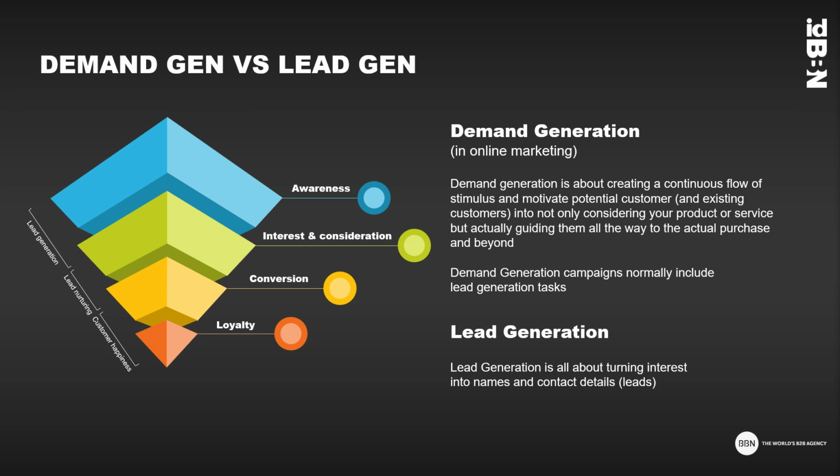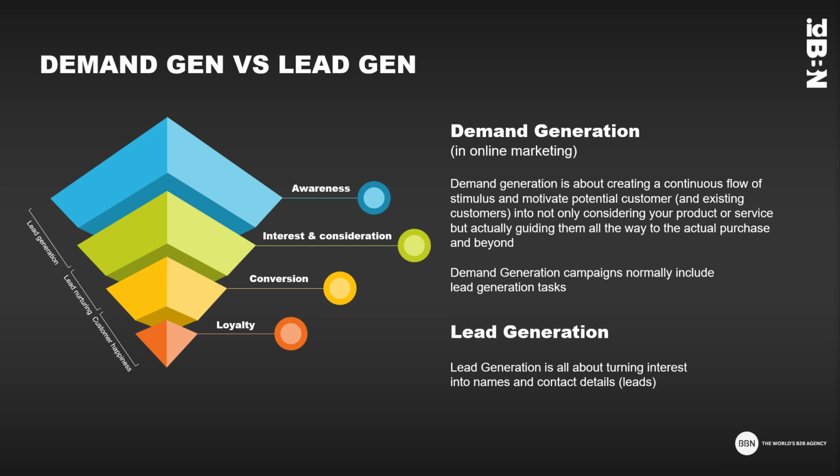If we look more into the detail, the demand generation pipeline can be divided into three sections. The first part is the top of the funnel, which is the lead generation part, where we raise awareness and turn it into interest. Good tactics for this part are, for example, content marketing, search engine optimization, search engine marketing, using social media organically or paid, and so on.